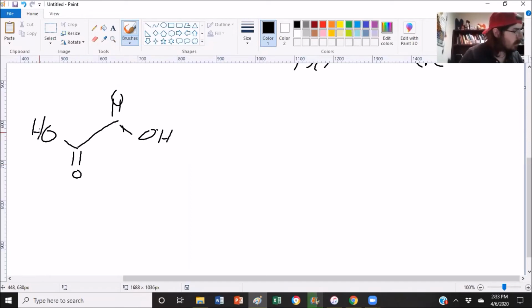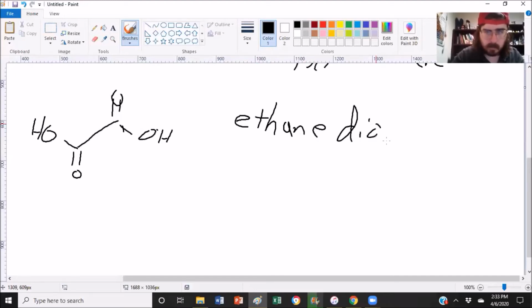We're assuming the end of each carbon chain is our carboxylic acid when we're naming this guy. So we've got ethane dioic acid. Dioic.